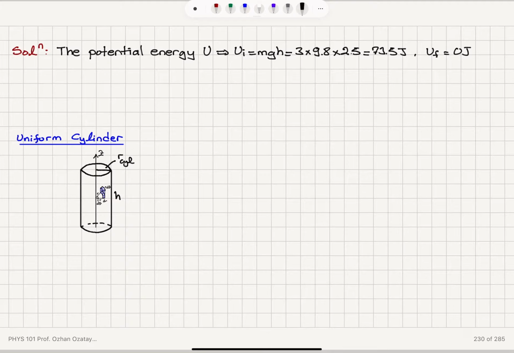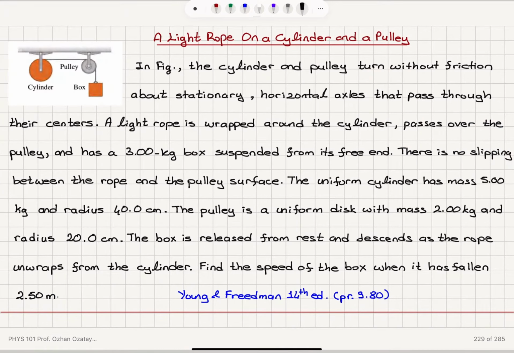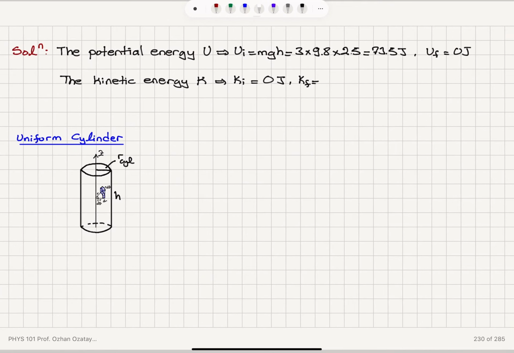Now, if we concentrate on the kinetic energy, for the kinetic energy term K, we have an initial value of 0 joules because it's released from rest, and the final kinetic energy will be due to the rotation of the cylinder, rotation of the pulley, and the final translational kinetic energy of the box.